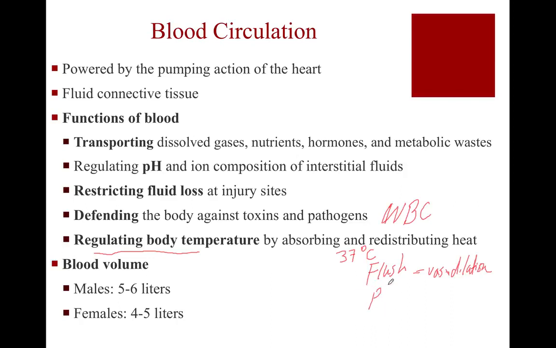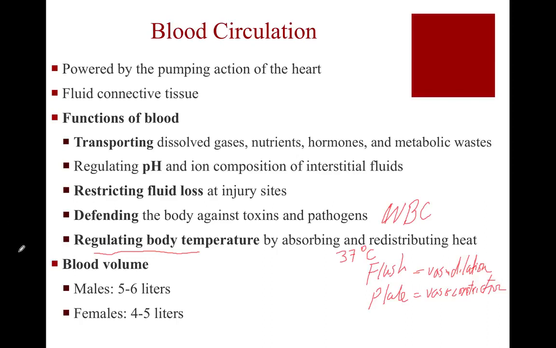And when you're cold, your skin turns pale, and that's because of vasoconstriction. Basically by having changes in the diameter of the blood vessels, you can maintain your body temperature.